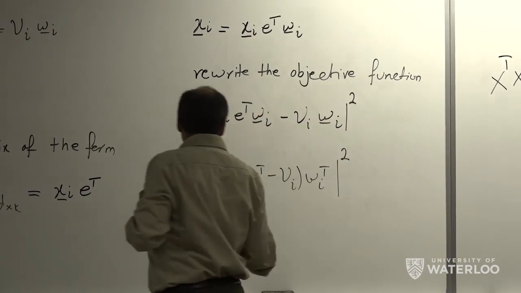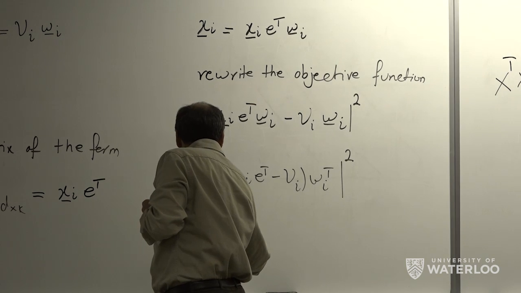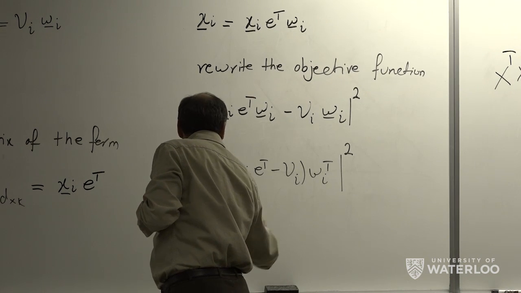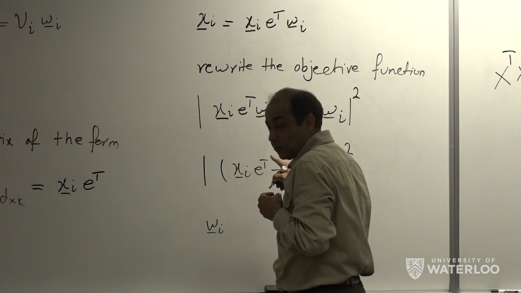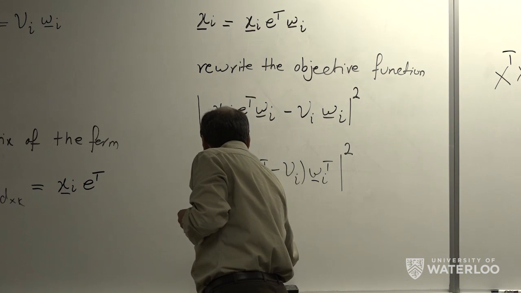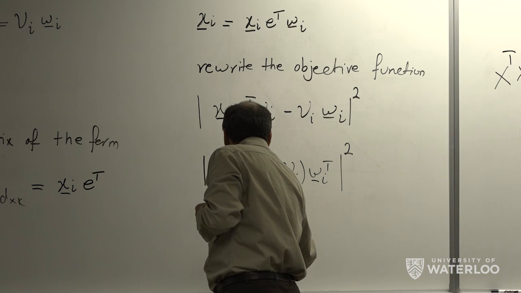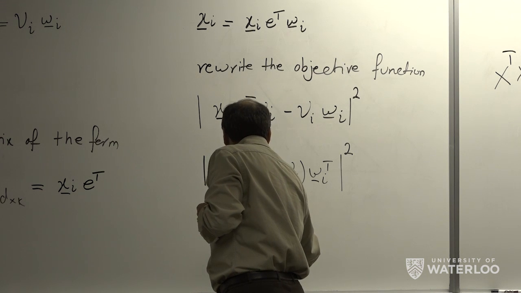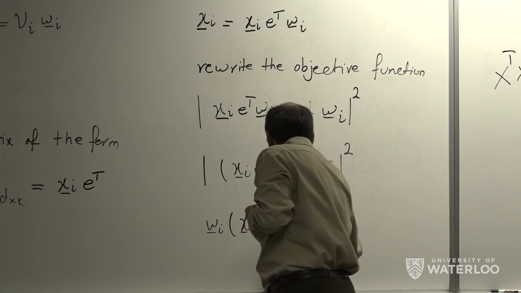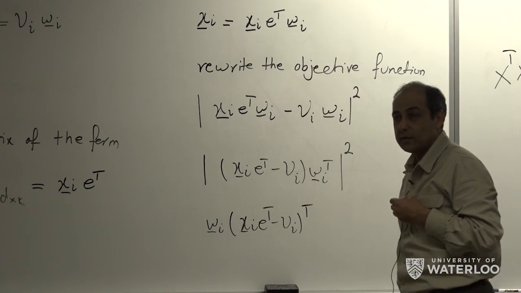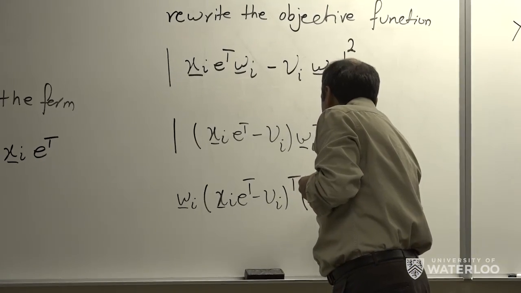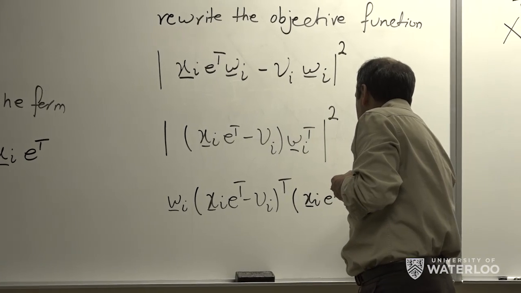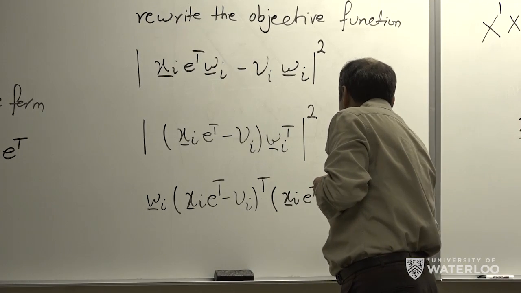If you expand this norm, it's going to be Wi transpose times (xi E transpose minus Vi) transpose times (xi E transpose minus Vi) Wi.